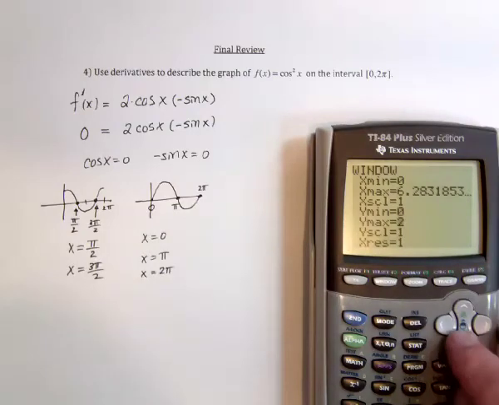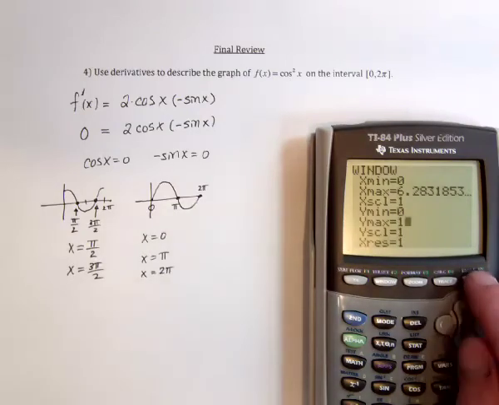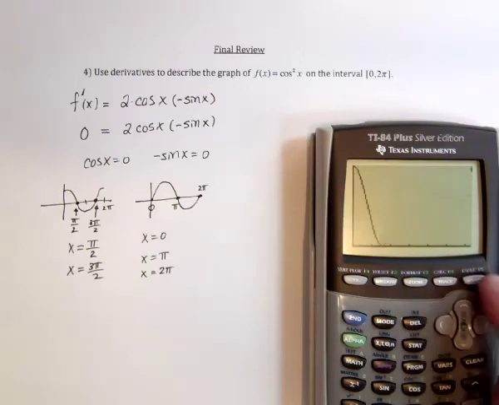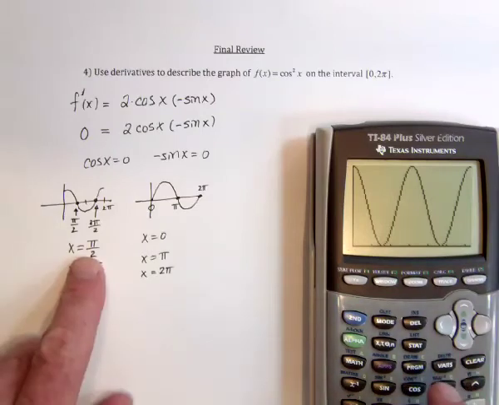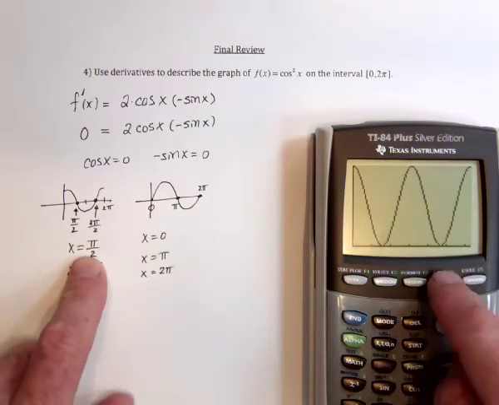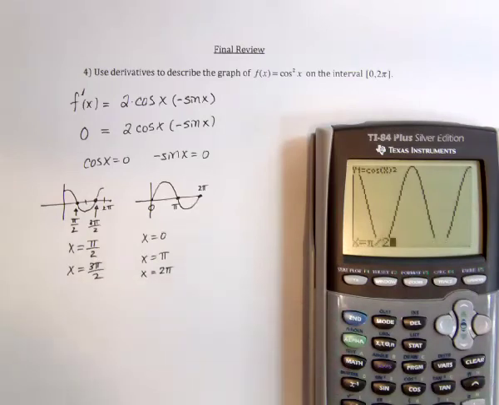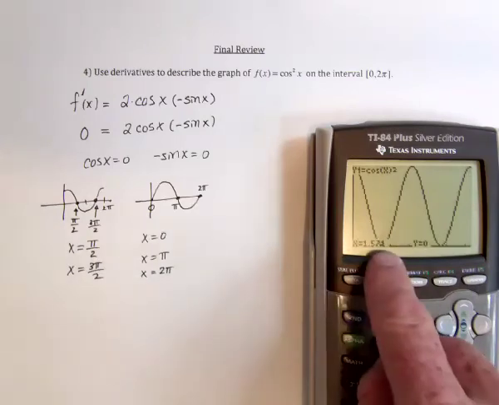So if it's squared, it's not going to be negative. The biggest it would get is 1. And then take a look at the graph. Nice bouncy ball. And so we have things like pi over 2, trace, and at pi divided by 2, it's down here at a minimum.